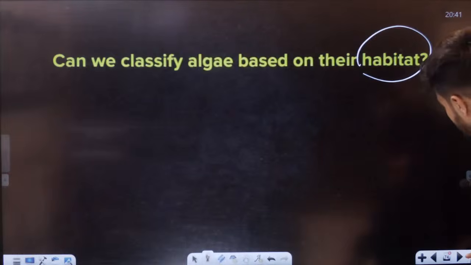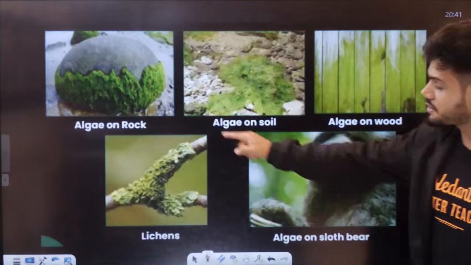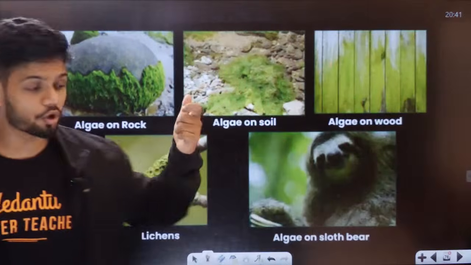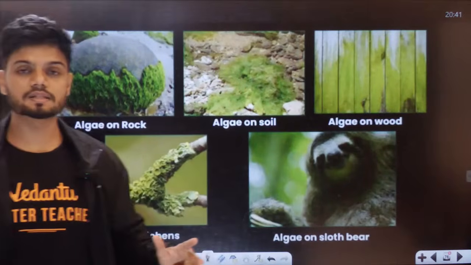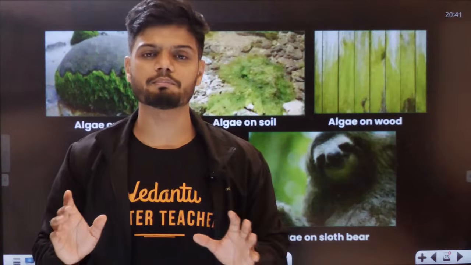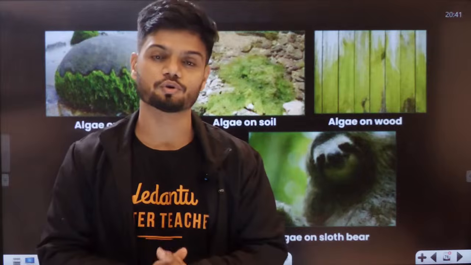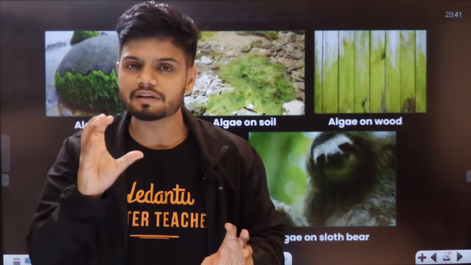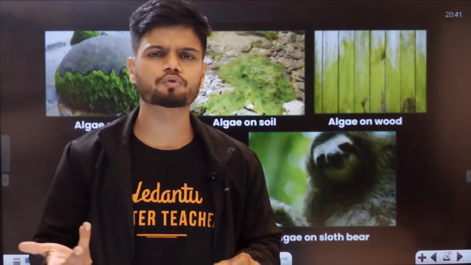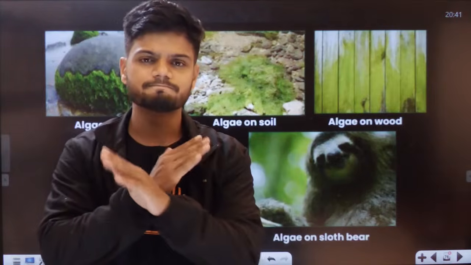No, because there is a variety of habitats. They can be present on rock, on soil, on wood, on a sloth bear, on lichens. They are present almost everywhere, so we cannot classify them based on habitat. Can we classify based on nutrition? No. Main nutrition is autotrophic in nature, so nutrition is also no.